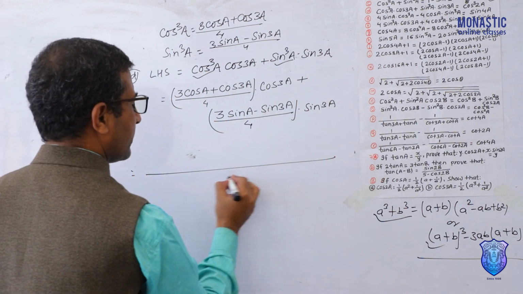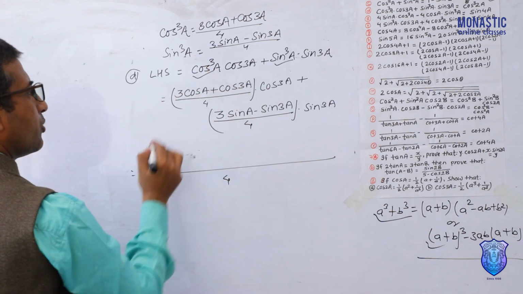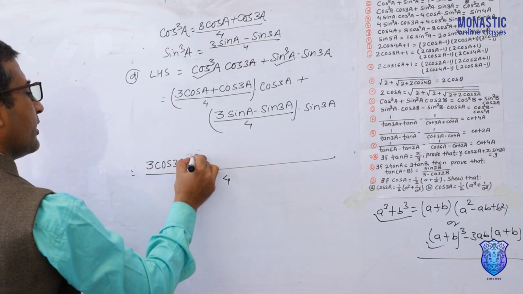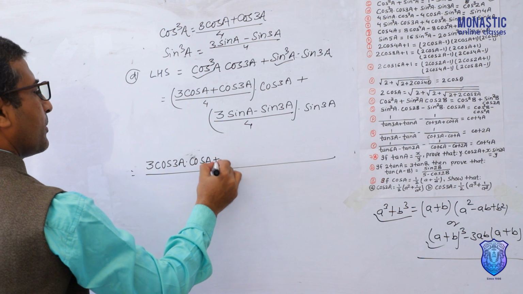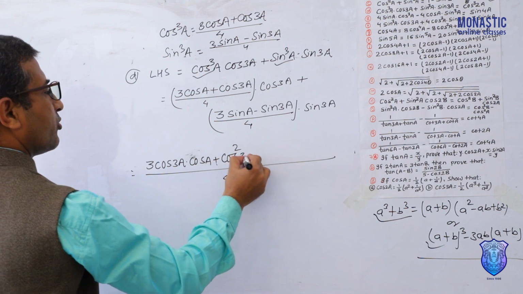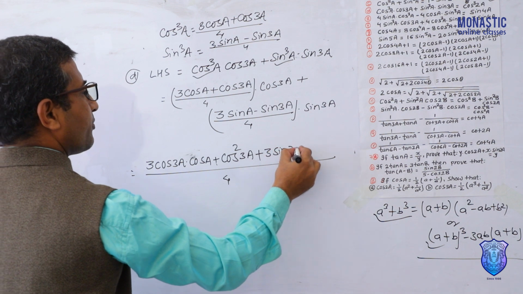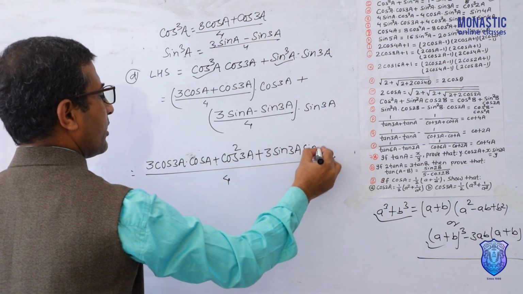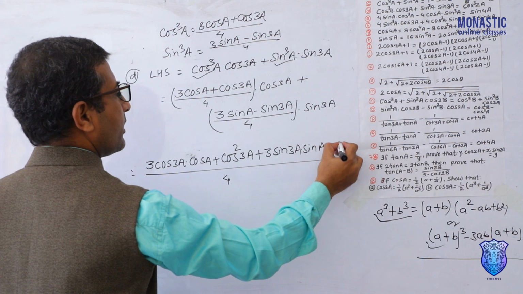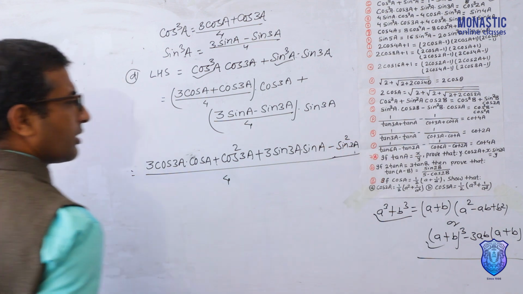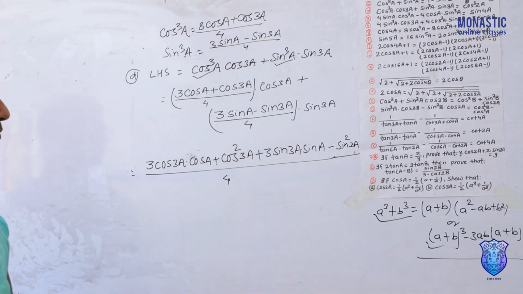Now take the LCM 4, then do the multiply. 3 times cos 3A into cos A plus cos square 3a. 3 sine 3a into sine a minus sine square 3a. Now we have to group.